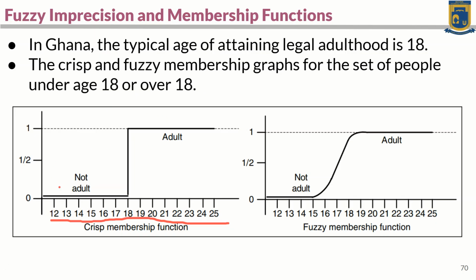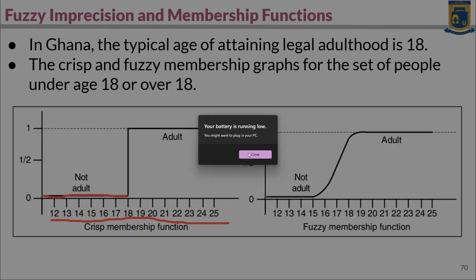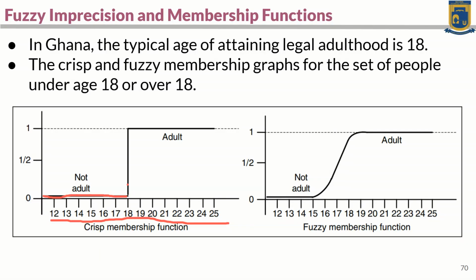So if you look at this graph, it explains the classical one. Here, it tells you that for all these ages, you are not an adult. But immediately you get to 18, there's a jump to adult over here. So that means from 18 all the way, you become an adult.